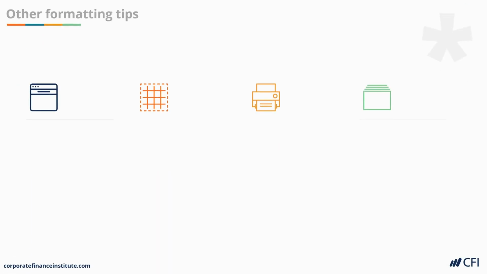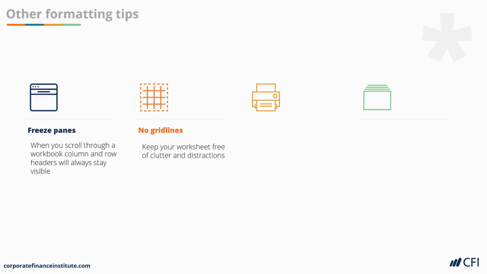And some additional formatting tips that we always recommend include using freezing of panes to include key information that's on the screen at all times, and you'll see examples of this in the course. We recommend removing the grid lines to make the worksheet look cleaner and clutter-free. It's important to set up a printable area so that if you convert it to a PDF or actually print a physical copy, it will look professional.